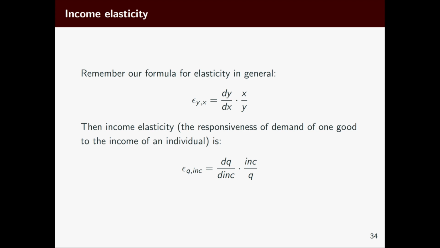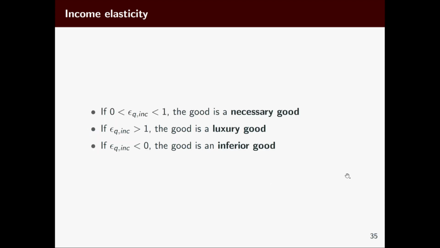Okay, and then the last elasticity we're going to talk about is income elasticity. So that's just going to be the percent change in quantity demanded given a percent change in income. So we can write that as the partial derivative of quantity demanded with respect to income multiplied by income over Q, right?